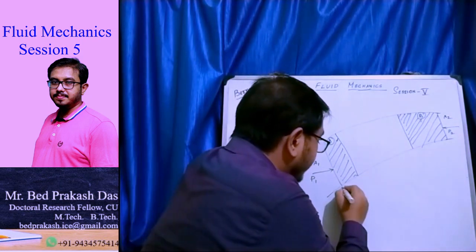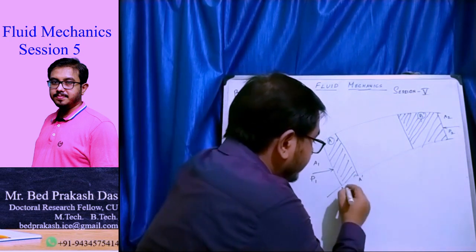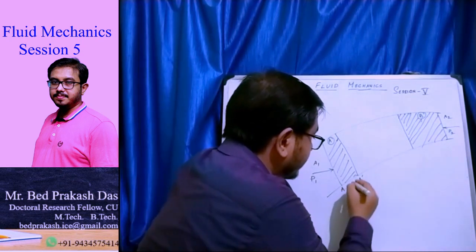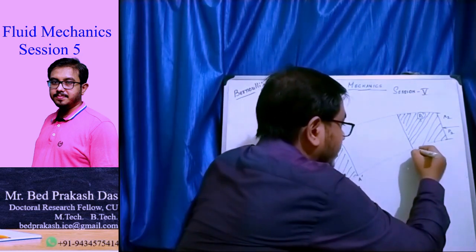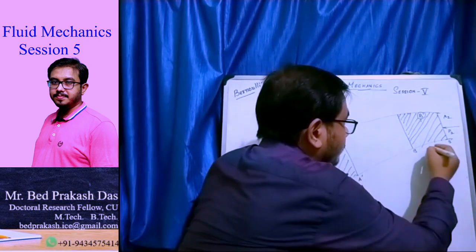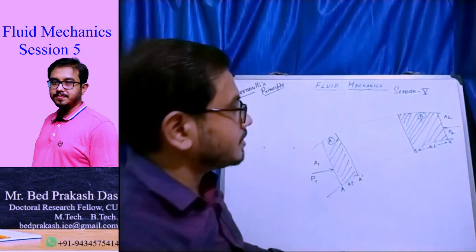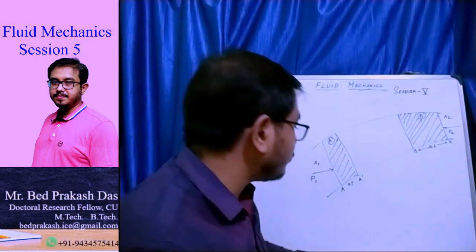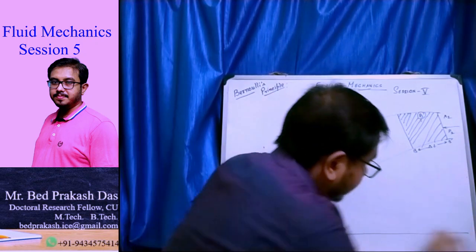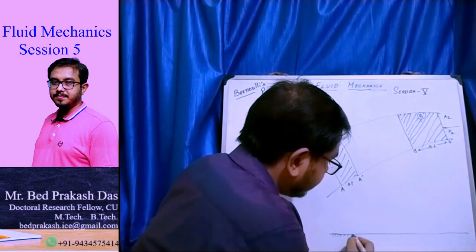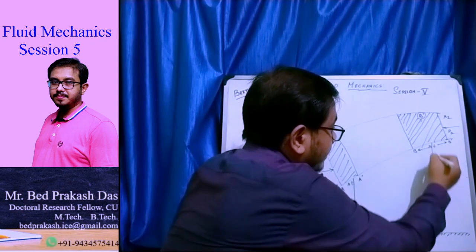The fluid from A to A dash travels this path in time say delta t. It also takes the same delta t amount of time to travel through this tapered part. Now with respect to a linear reference plane, the fluid is at different heights h1 and h2.